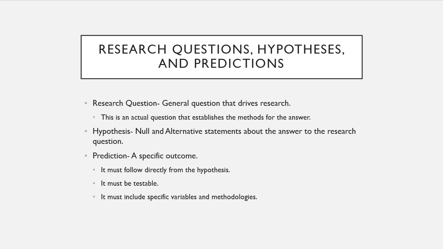The hypotheses, I say hypotheses because there is a null and alternative hypothesis, are trying to answer the research question. So, is there a difference between how students from rural communities adapt to college compared to those who come from urban communities?